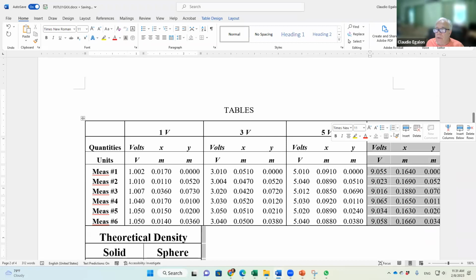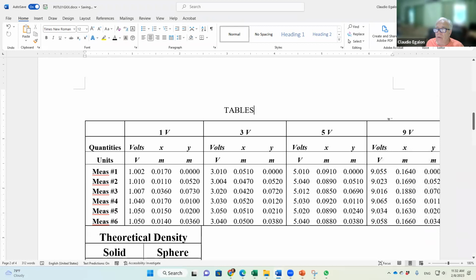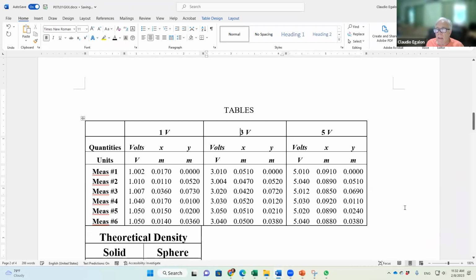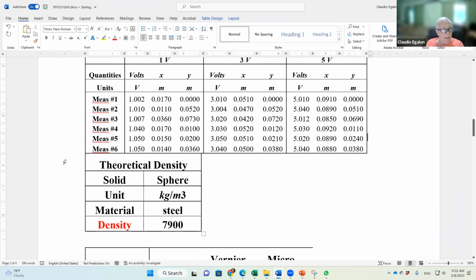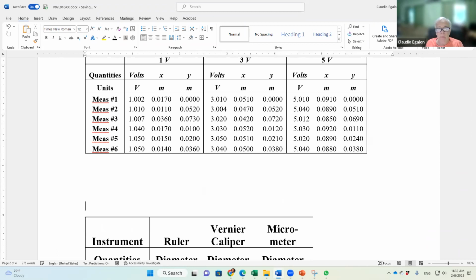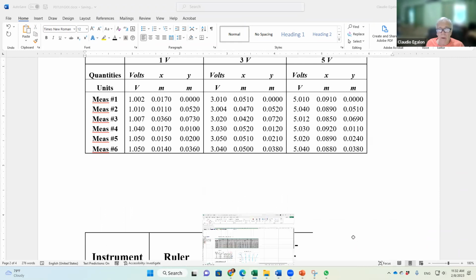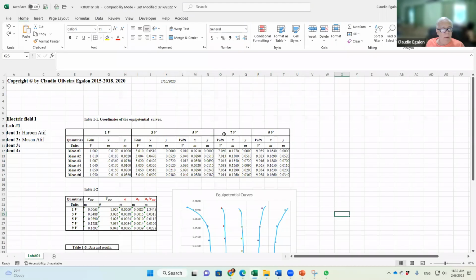So I'm going to continue with those columns in the next line. I don't need that because it's the other experiment. Copy those two.